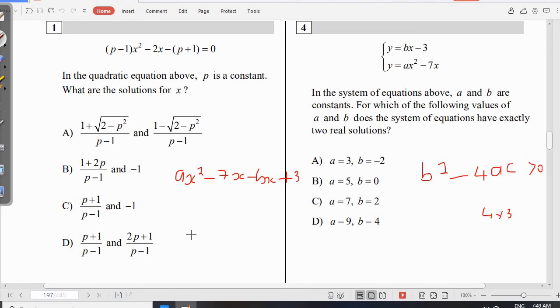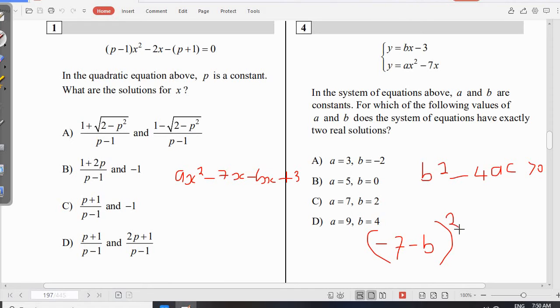So when you arrange this, you know what b is. B here becomes minus 7 minus b. That's what b is. So we're going to square it.